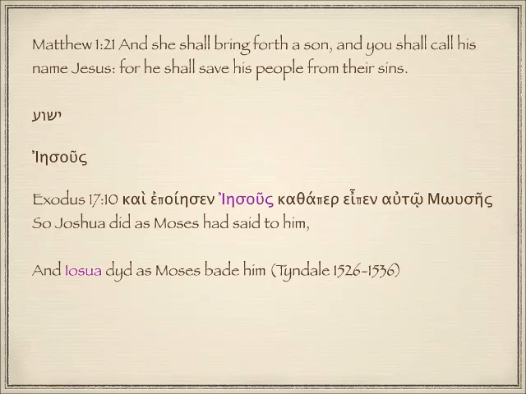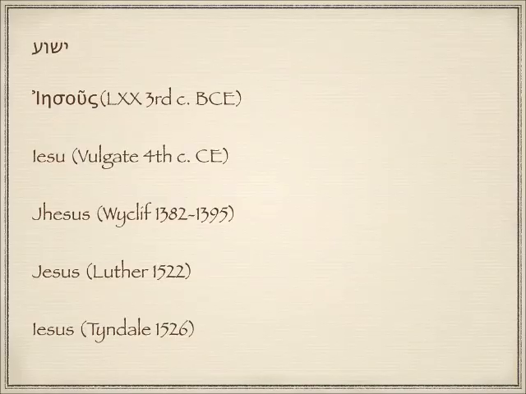So this is not some new development. This is something from the 3rd century BC. Joshua is written in Greek, Isus. If we go back to Tyndale, which is one of the earliest English translations, you see that it's spelled I-O-S-U-A, Iosua.